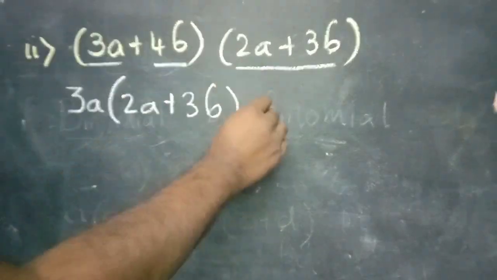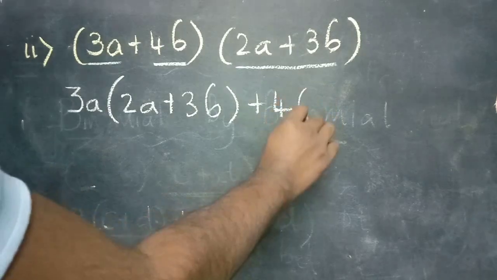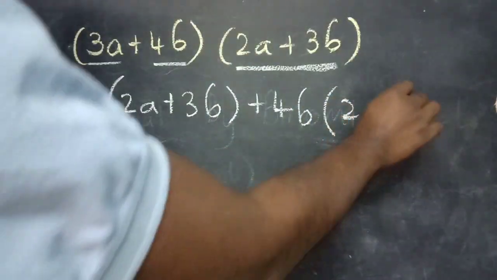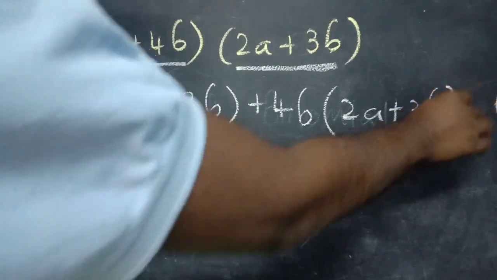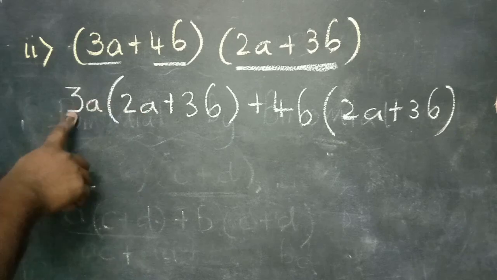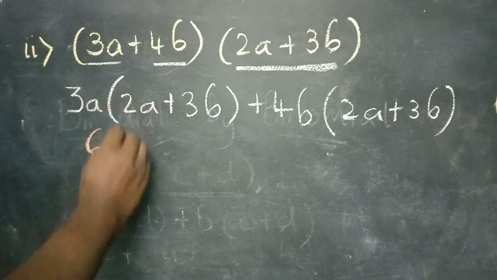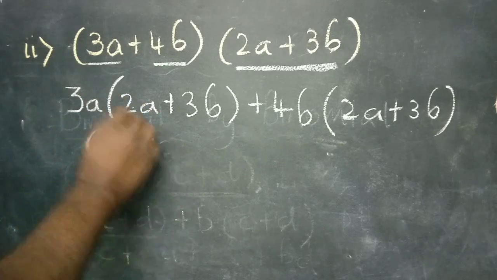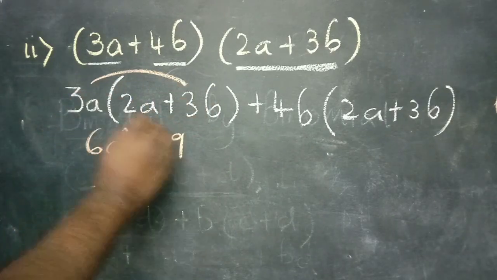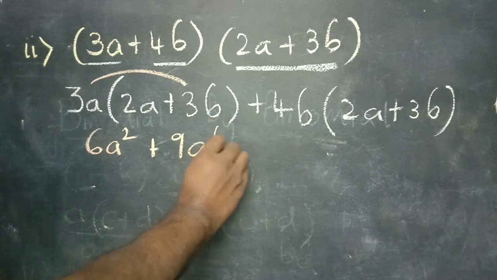Now take the second term and again multiply with the second binomial, 2a plus 3b. Now multiply 3a into 2a, 3 2s are 6, a into a is a square. Now 3a into 3b, that is 3 3s are 9, a into b is ab.